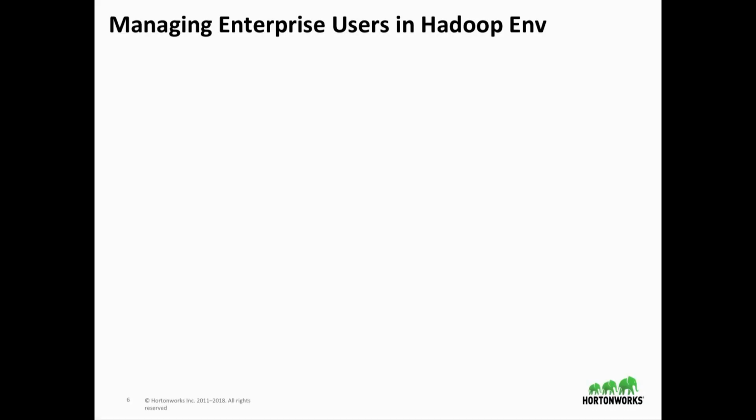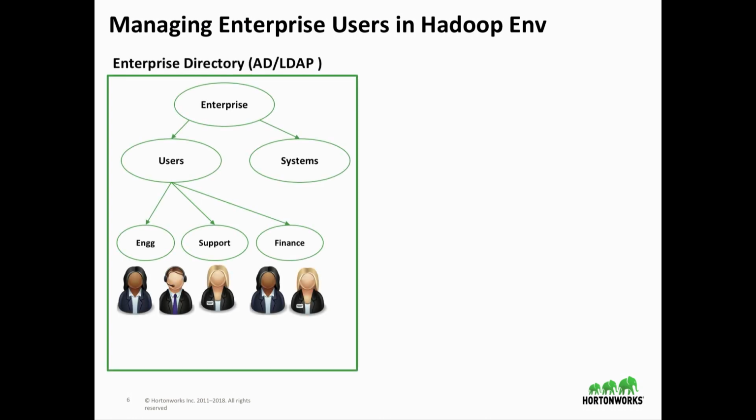So how do we do that in a Hadoop environment, right? Typically, all companies have an AD or LDAP server. When an enterprise manages their users, the first point of contact into the company's network that an employee or a system makes is through some form of a directory server. Big companies have multiple organizational units. They have multiple AD and LDAP. The enterprise directory servers already centralize some of these foundational principles that we talked about in the previous slide.